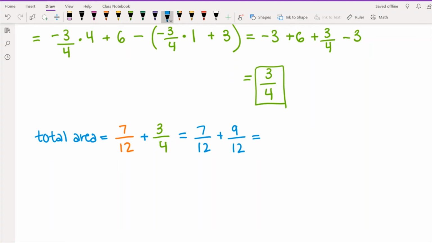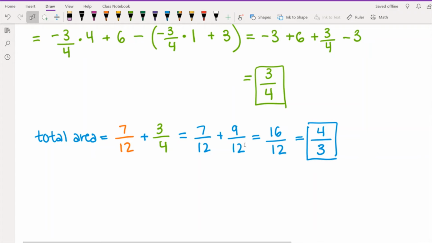And so that gives us 16/12, which can actually be reduced, right? So 16/12, if we divide everything by 4, is the same as 4/3. And so that is our total area, like 1 1/3.